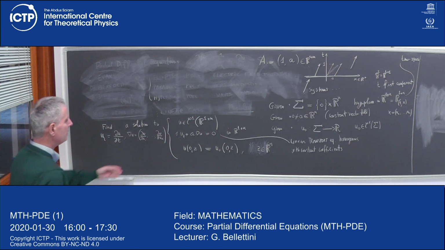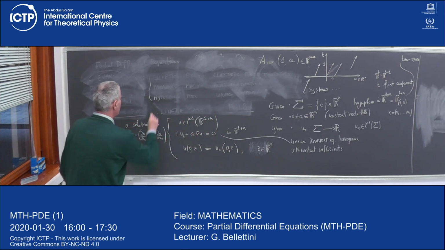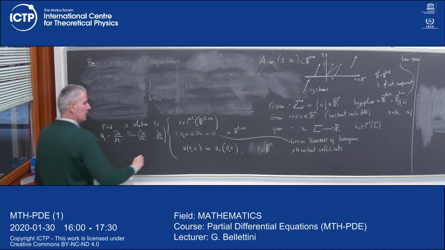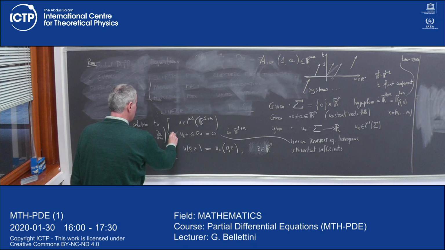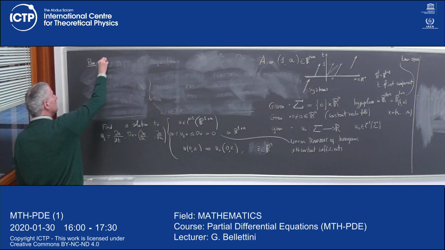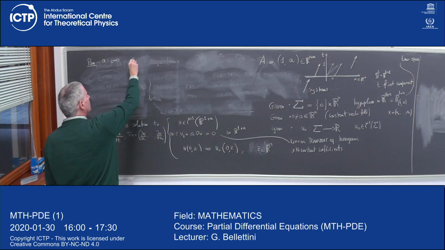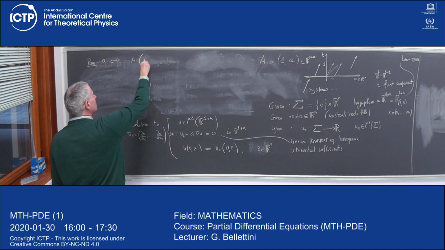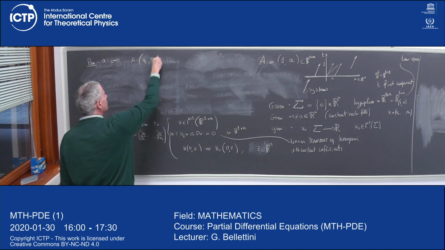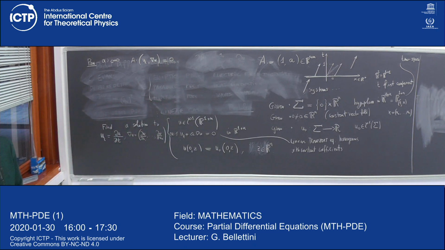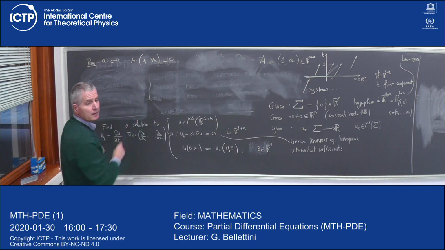We can rewrite this in various ways. So first remark, this equation here can be rewritten, for instance, as follows. The scalar product between A and the time-space gradient of u equals 0. This is one way. This is the time-space gradient.